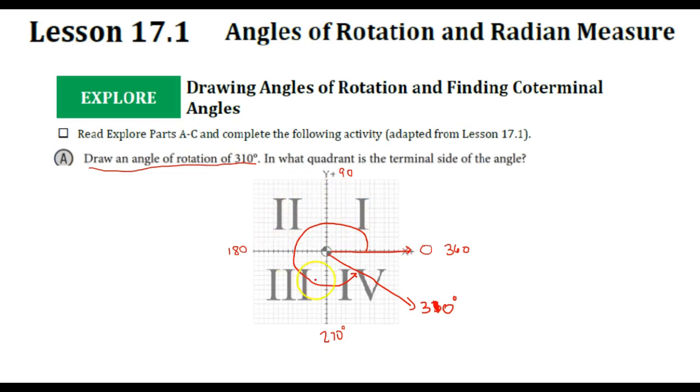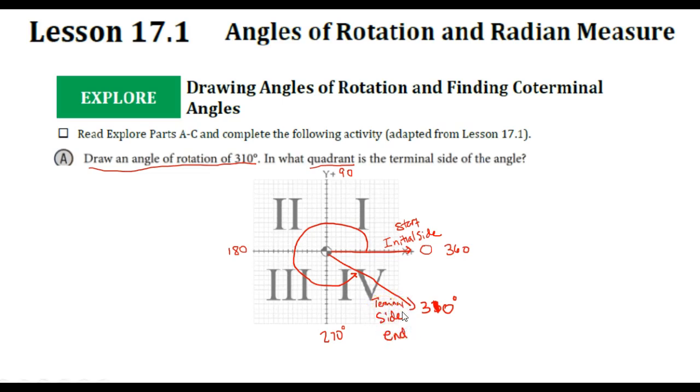Now, the reason I drew on this one is because a lot of students ask, what does it mean by quadrant? In what quadrant is the terminal side? So if you think of this, this is my initial side. This is my starting point. This is where I start. And then I have my terminal side, which is where I end.